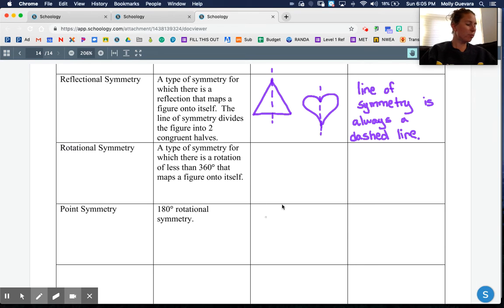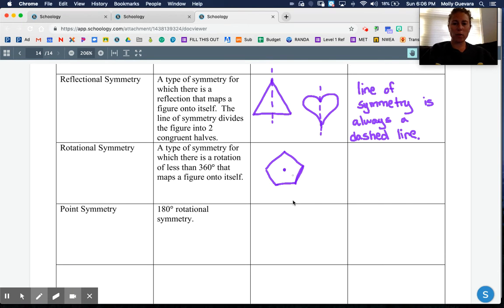The next one is rotational symmetry. This is a type of symmetry for which there's a rotation of less than 360 degrees that maps the figure onto itself. So I'm going to give this my best shot here and draw a pentagon. It's not the worst pentagon I've ever drawn, right?